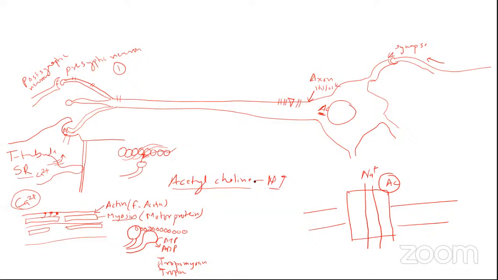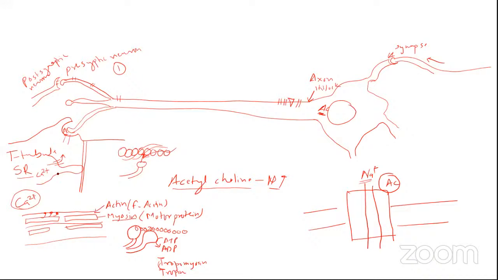Yes, sir. Okay, now imagine that this receptor to which acetylcholine binds is a kind of channel, but the channel opens in response to binding of acetylcholine. Now if this receptor channel is permeable to sodium ions, what will happen to the postsynaptic neuron?